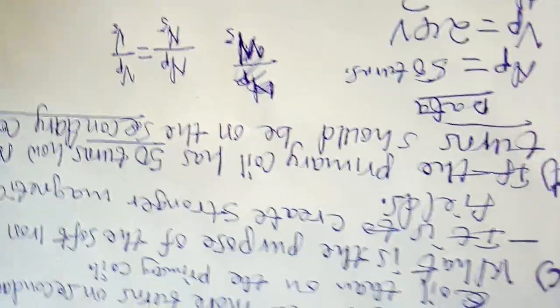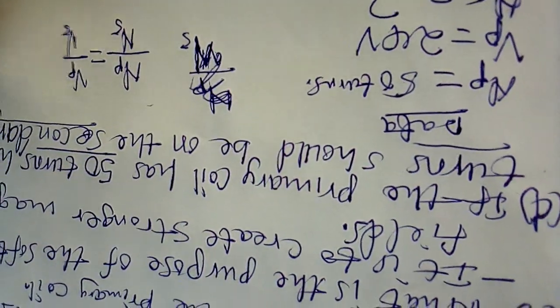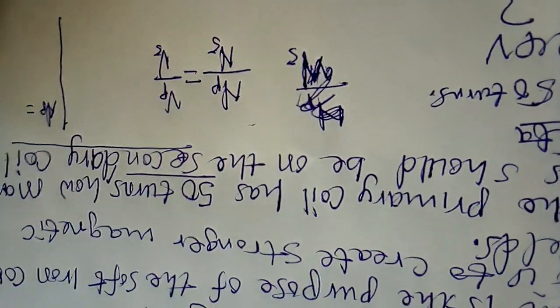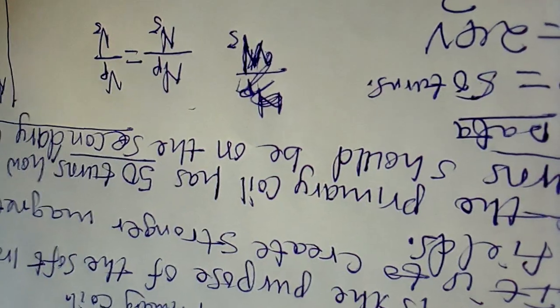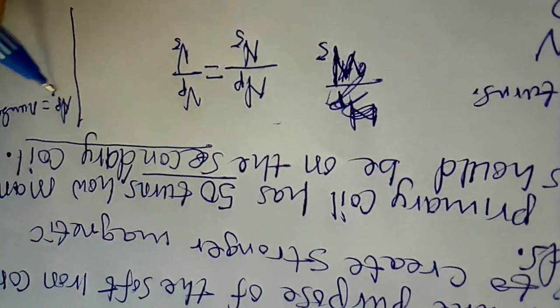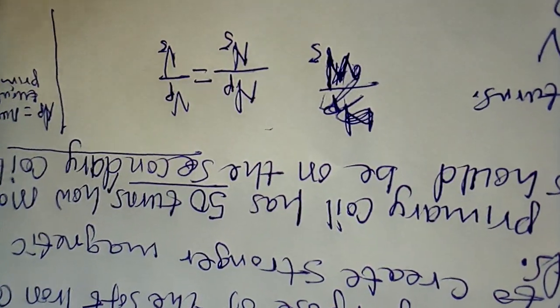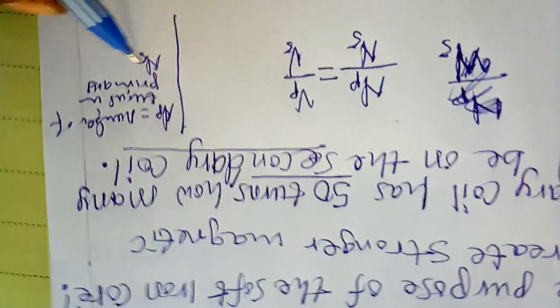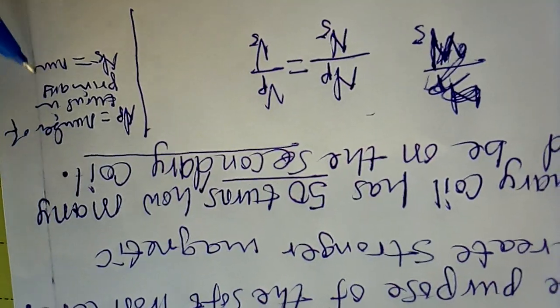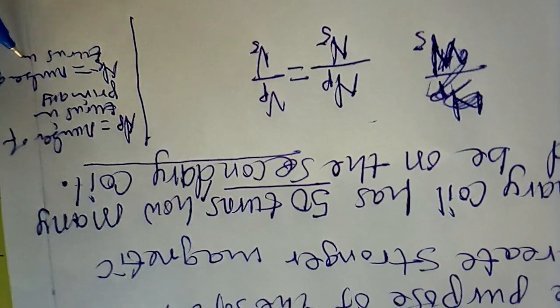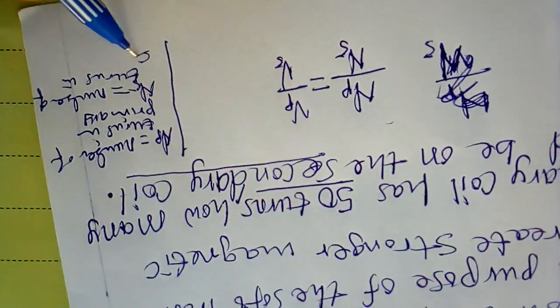Okay, so now let me define these things. NP stands for number of turns in primary. NS stands for number of turns in secondary.